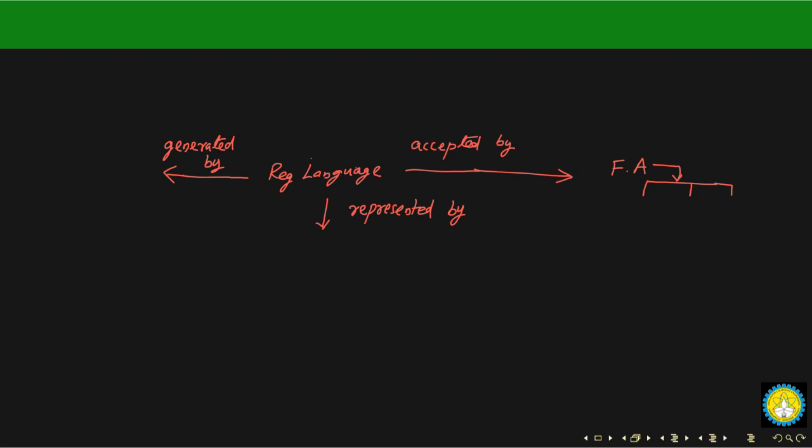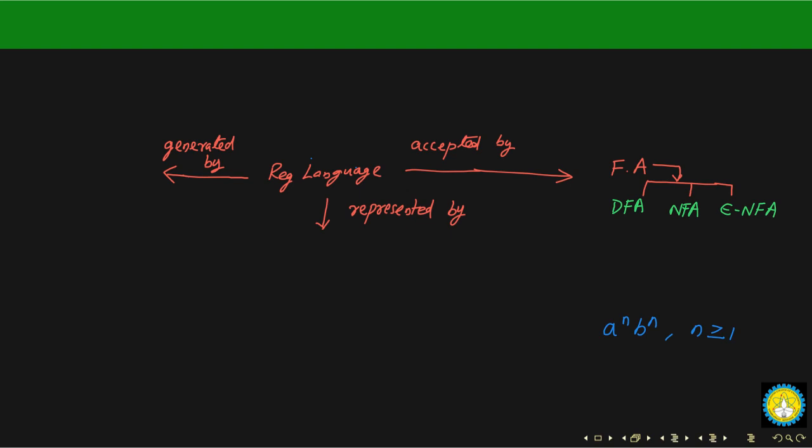Again, an FA can be a DFA, an NFA, or an epsilon NFA. So if you're given a regular language, you can actually create one of these to accept that particular language. And remember, one of the typical examples of a non-regular language is a raised to n, b raised to n, where n is greater than or equal to 1.